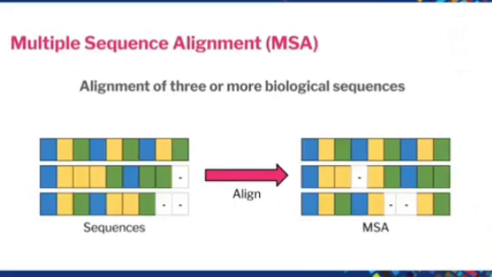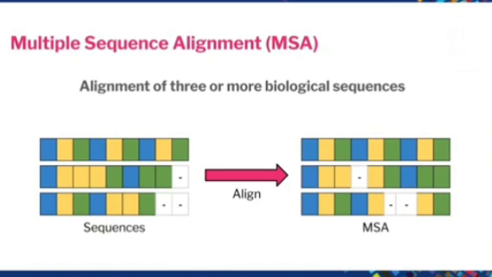As we saw in the previous slides, multiple sequence alignment is a method to align more than two biological sequences. When you have a subject sequence and two more query sequences, the multiple sequence alignment method is used to find the similarity between all three sequences, or all four sequences, or however many you give. The image given here is a pictorial representation of multiple sequence alignment.